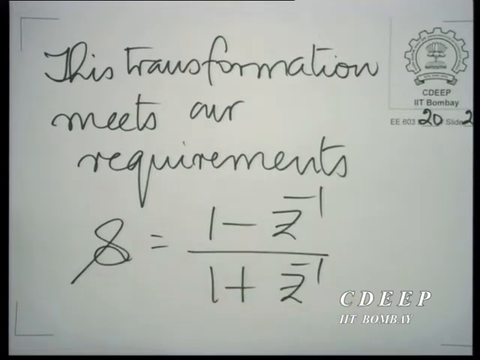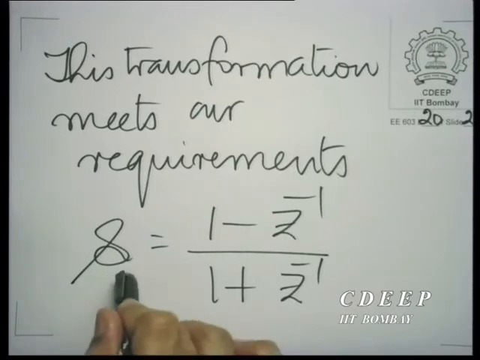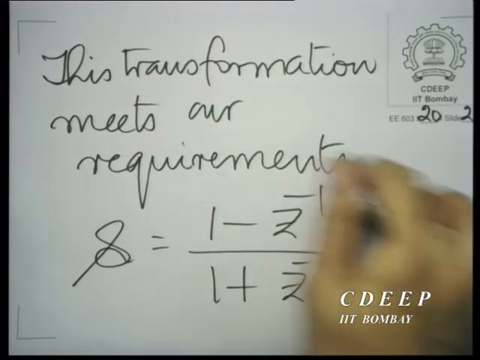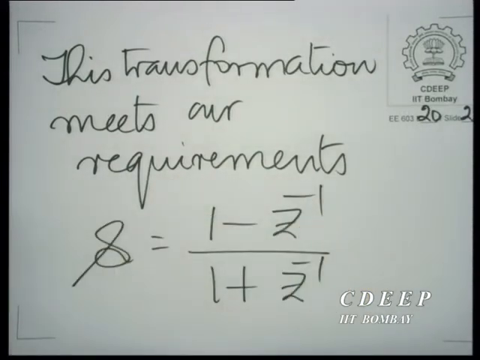How do you interpret this as an approximation of derivatives in terms of shifts? And the hint is to expand this in terms of a power series. Of course, you have a 1 minus Z inverse, but 1 by (1 plus Z inverse) can be expanded as a power series, and that would give you some insight on what we are trying to do in terms of approximating derivatives by shifts. It is not too simple, but it is interesting. Of course, that is besides the main point of the discussion.